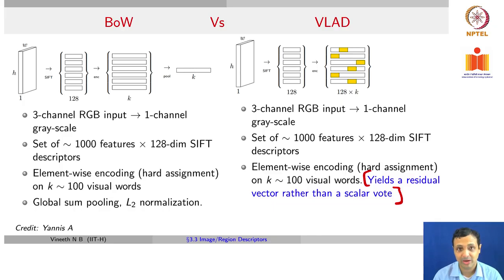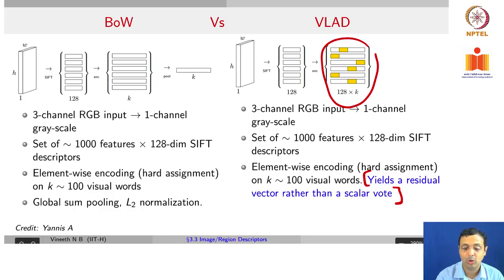You're going to get a residual vector for each of those k visual words, which means this is now going to be a 128 times k representation rather than a k-dimensional representation, because for each visual word you're going to see, for all the key points that got mapped to that visual word, what the residual was for each of those 128 dimensions.